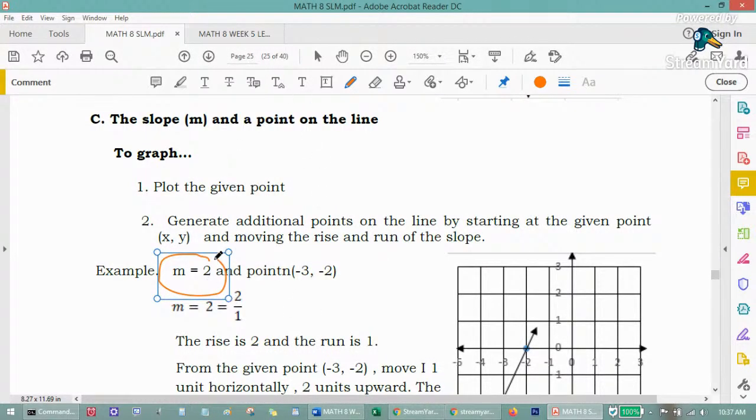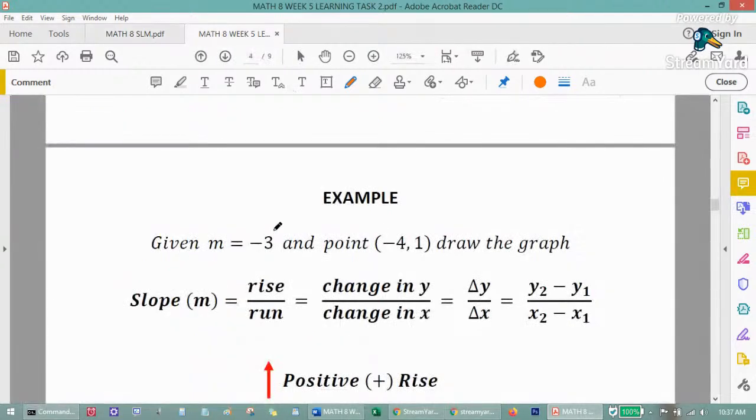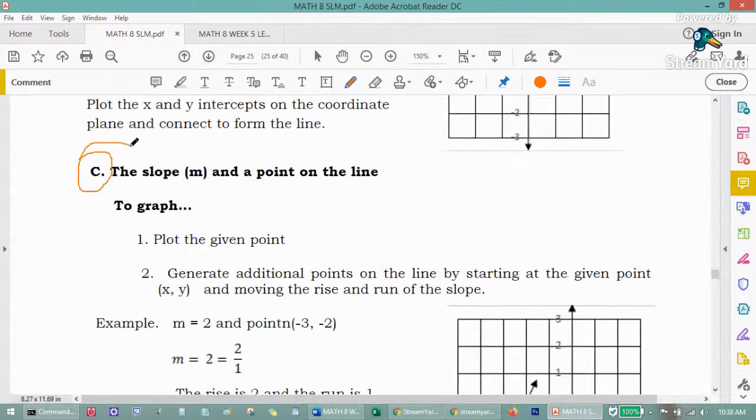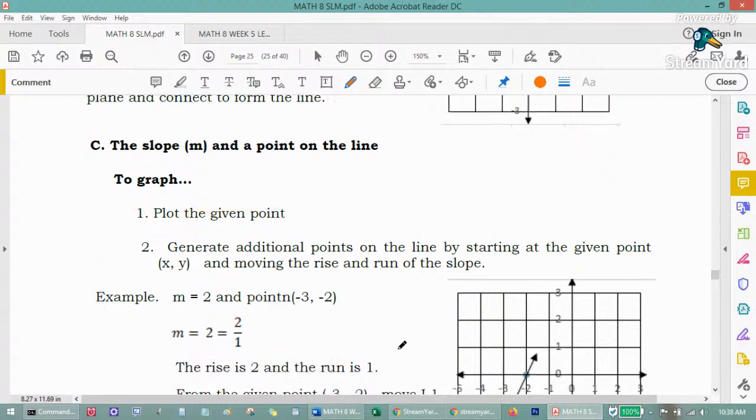Medyo inib ako, no? Kasi dito, positive yung slope. So, gusto ko kayong bigyan ng example kung saan ang slope is negative. So, itong example na to is similar to letter C, example ng nasa module.